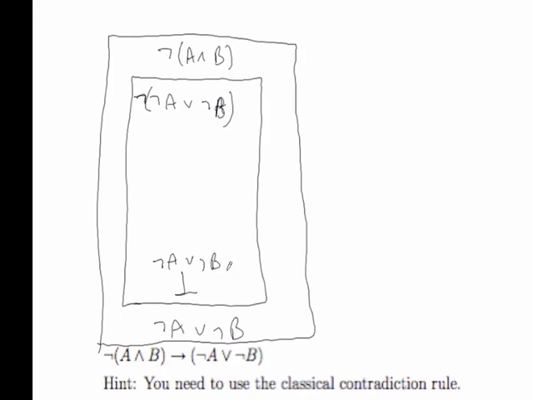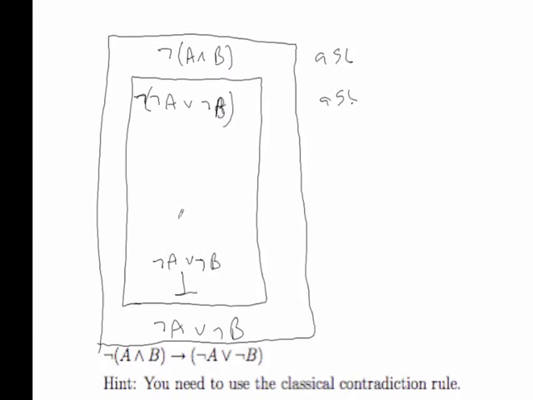But the key thing to observe is that we have improved the situation compared to earlier, because now we have to prove A or not B, but we have an extra assumption to work with. We have these two assumptions already. So let's go for this. We're trying to prove A or not B. We have not lost anything. It might be we don't really make progress this way, but let's try to show this.